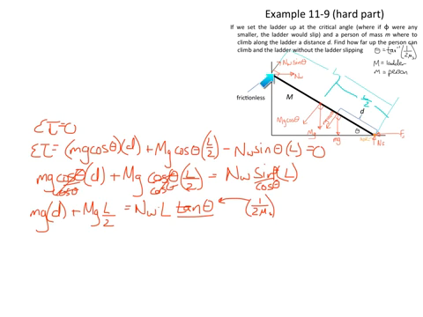The normal force from the wall is the actual force that the wall is applying directly outwards in the x direction. What does the normal force from the wall have to be equal to? It's got to be equal to the static friction force. This is the only other force that is acting horizontally to keep the whole ladder from sliding down. So the normal force from the wall equals the static friction force.